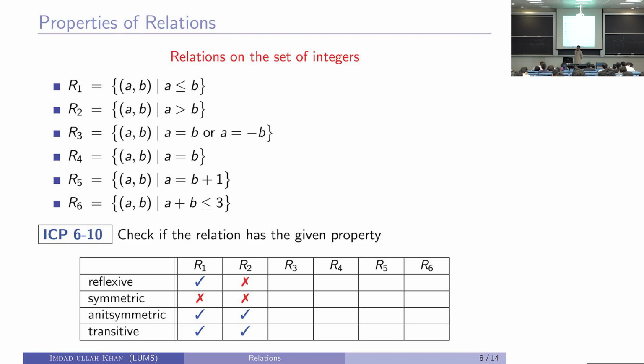Is it? Really? Let's take 2, 1 and 1, 2. 2 plus 1 is less than or equal to 3. 1 plus 2 is less than or equal to 3, but 2 plus 2 is not less than or equal to 3. It's not transitive.